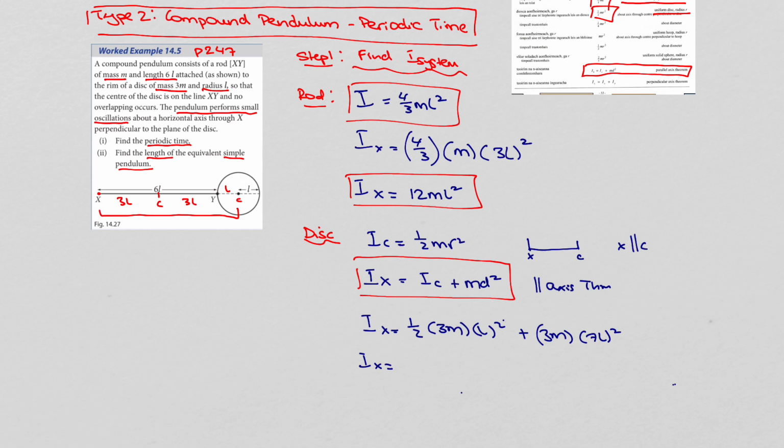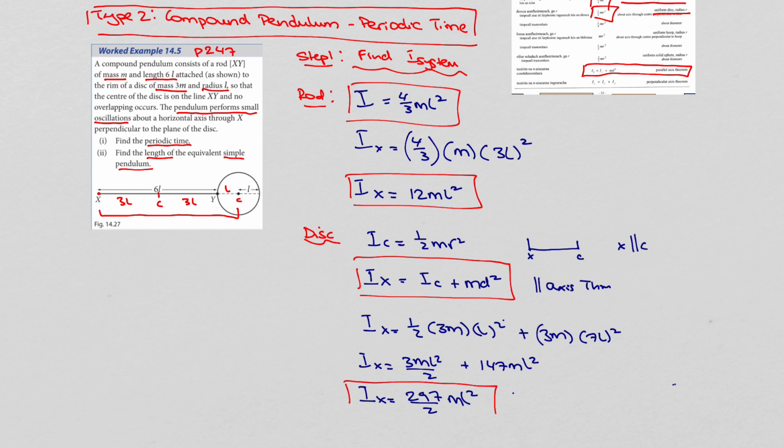So therefore we get 3ml squared over 2 plus 49 times 3, which is 147 ml squared. So adding those two together, the moment of inertia of the disc through X is 297 over 2 ml squared.